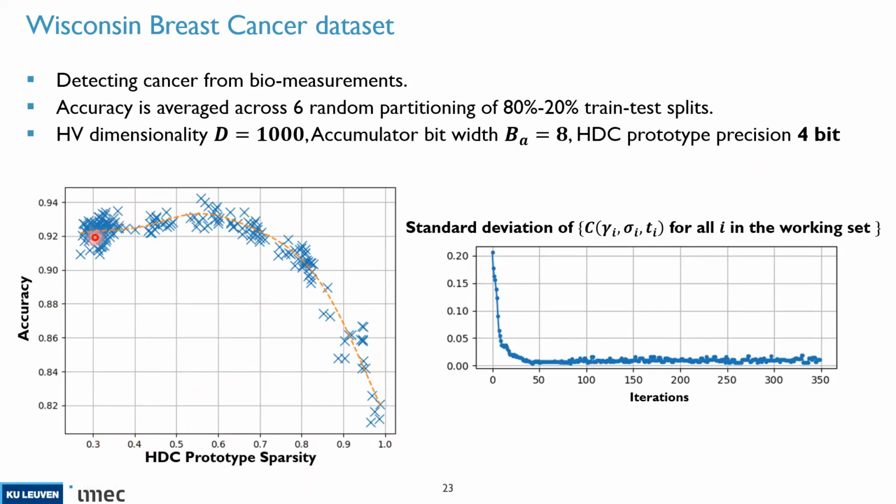What you see is the result provided by support HTC: these blue crosses. Each of these blue crosses is a possible HTC design, with its associated HTC prototype vector, meaning the result of the learning process. The orange line is just an interpolation here.